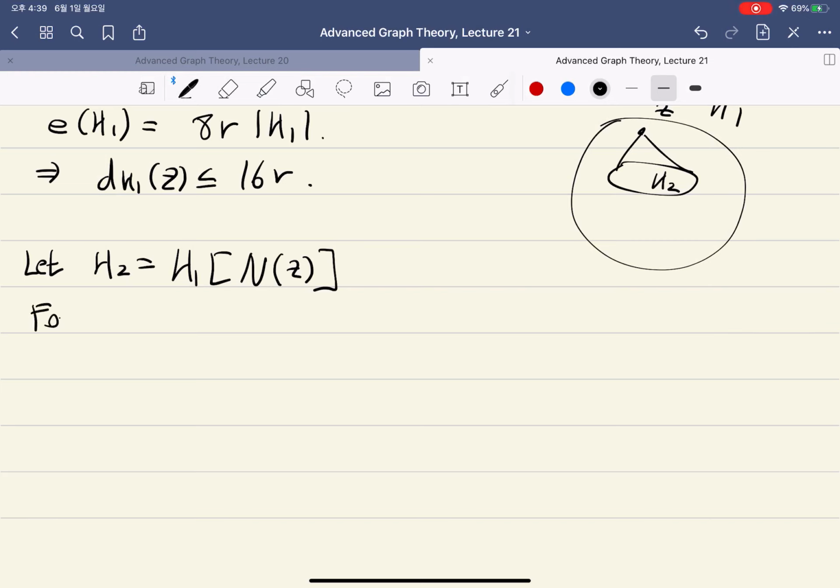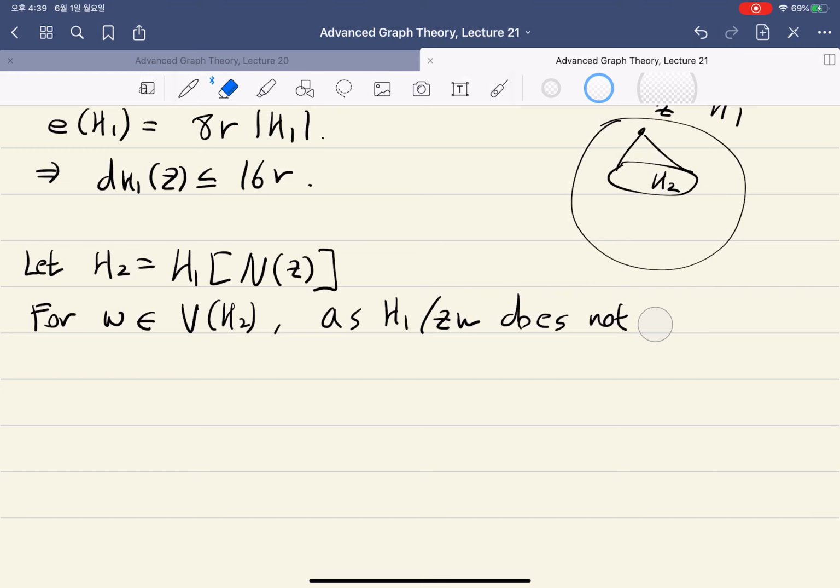Then for all vertices W in here, what we know, if we contract it from H1, this does not satisfy this 5.1.